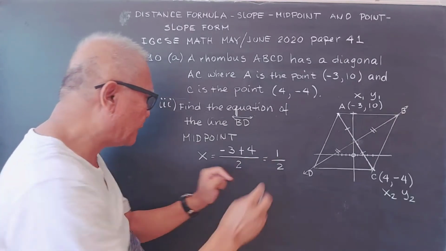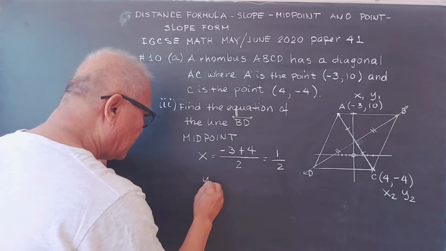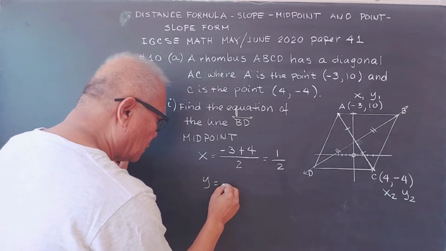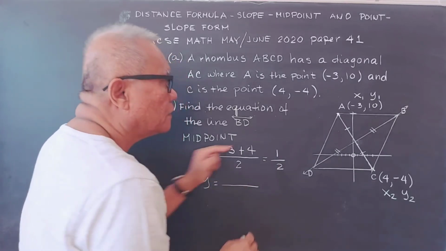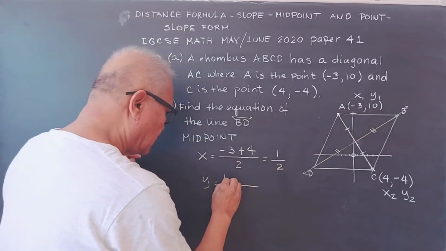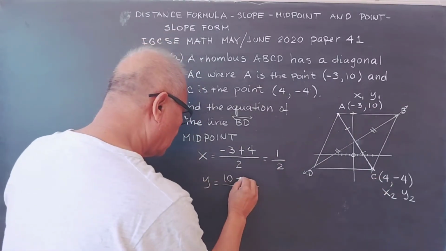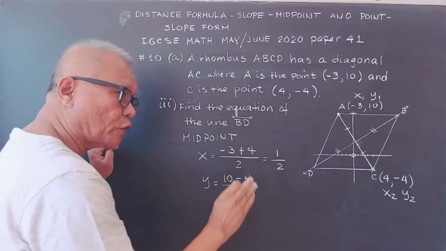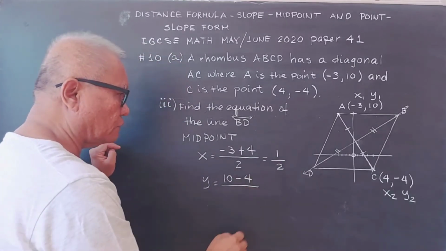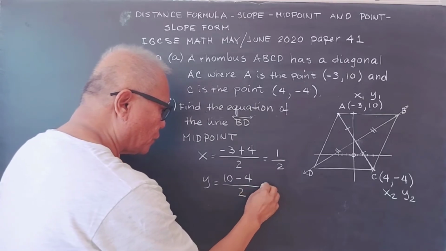What about the y? For the y, we are going to add the y coordinates, 10 plus negative 4. Positive times negative is negative, divided by 2.